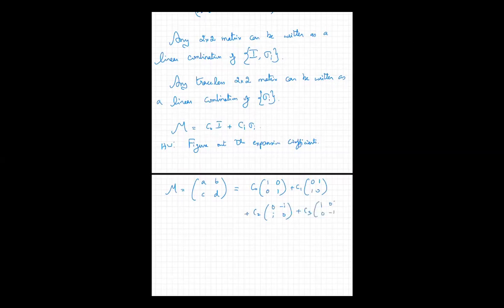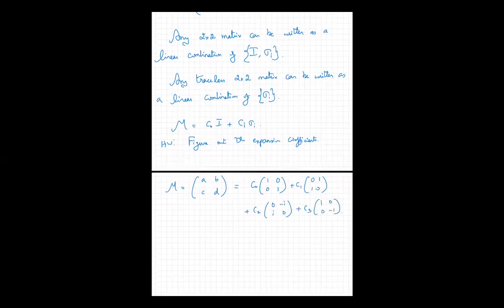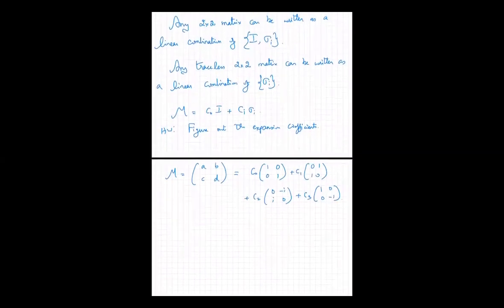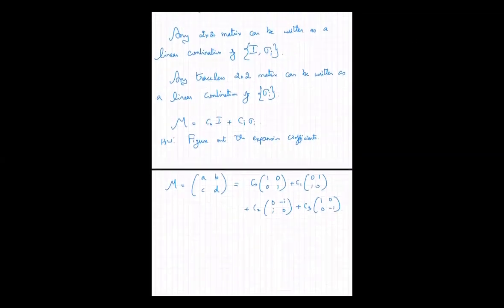So in other words, I'm asking you to figure out what is C0, C1, C2, and C3, which you can figure out in a general fashion using the properties of the Pauli matrices that you discovered in the first tutorial. Okay. So we will explore this further in a tutorial problem if you have any difficulties. So this is the second point that I wanted to make.